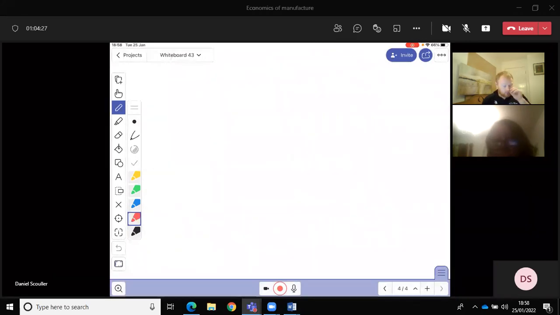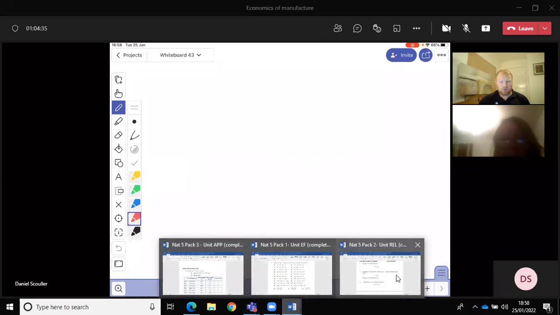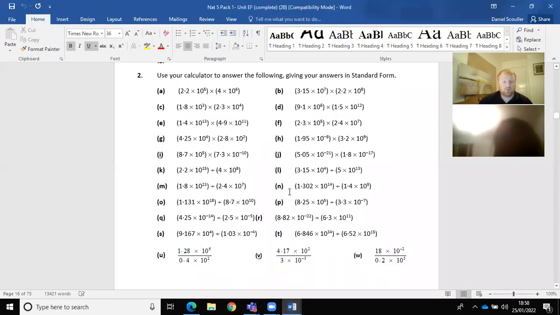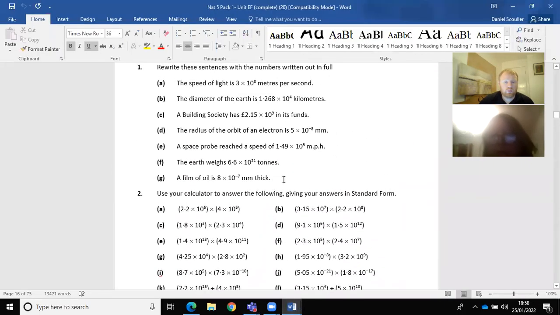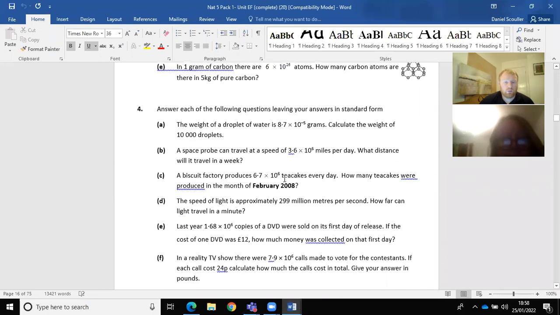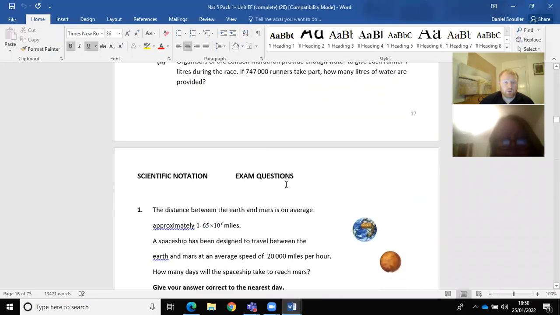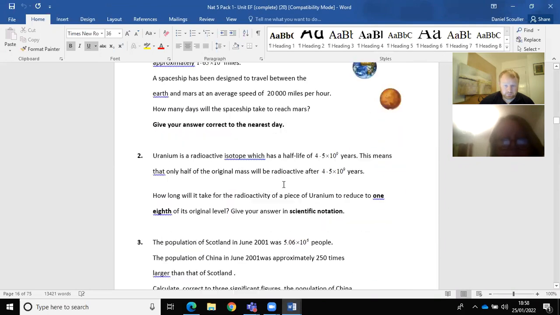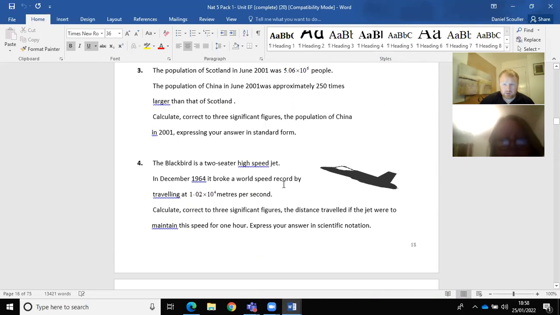How does that look when we get given it in an exam? So let's see. In your booklets, scientific notation is in the first booklet, booklet 1.